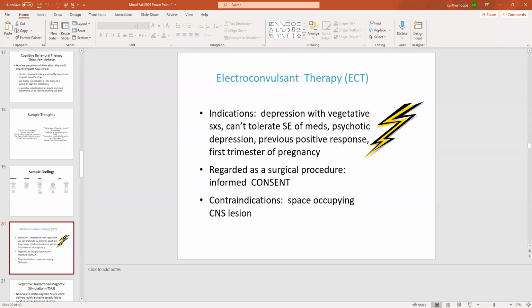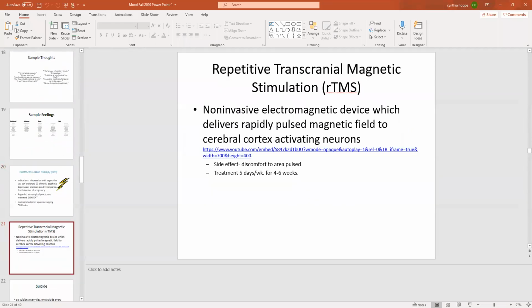All right, ECT, we need a consent. There are some contraindications. There's something new, in the last 5 to 10 years, repetitive transcranial magnetic stimulation. It's a non-invasive electromagnetic device that delivers a pulse sensation to the cerebral cortex. I have a YouTube site for you.